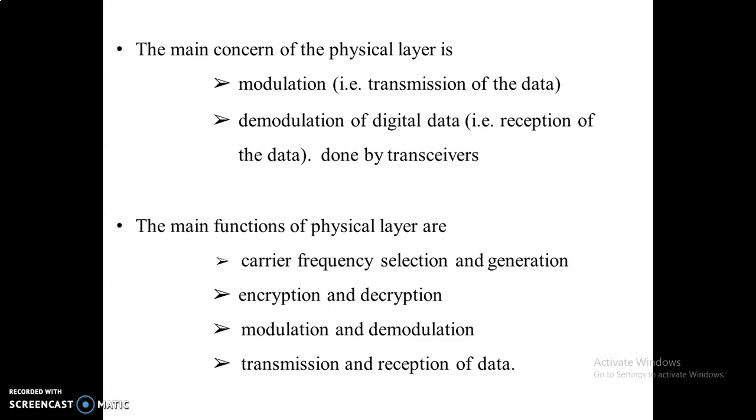The main functions of the physical layer are, first, carrier frequency selection and generation; second, encryption and decryption, modulation and demodulation, and transmission and reception of data; along with that, wave propagation effects as well as noise.